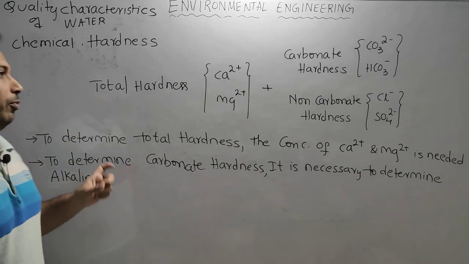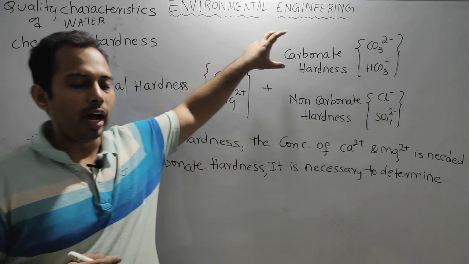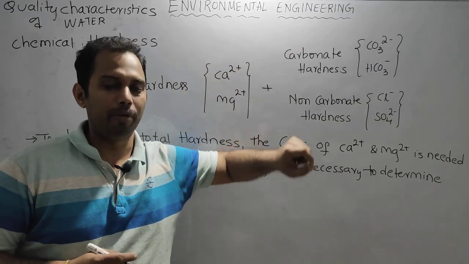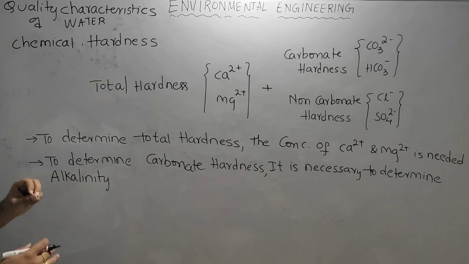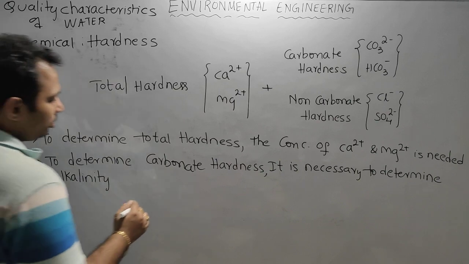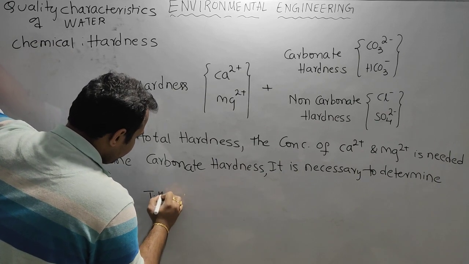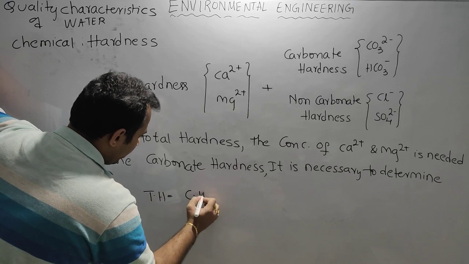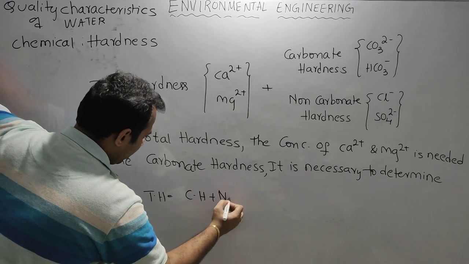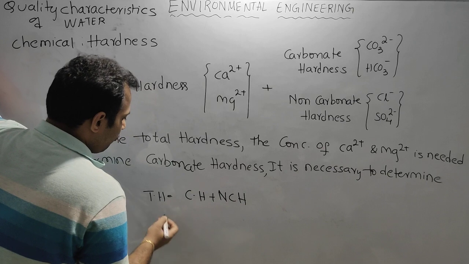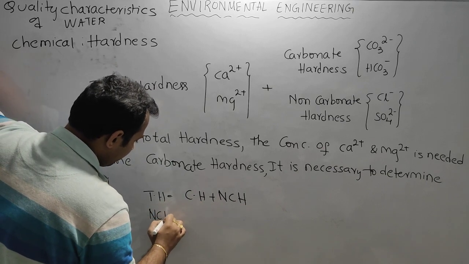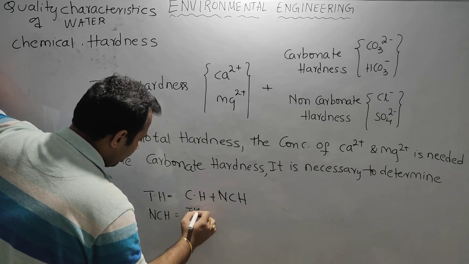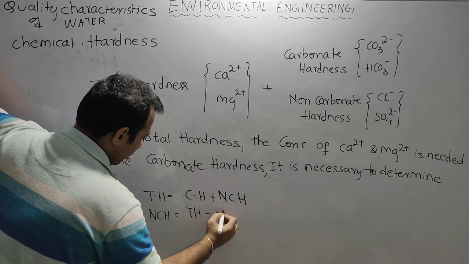So if you want to determine this carbonate hardness, we need to determine the alkalinity. Once we know the carbonate hardness, okay, that means total hardness is equal to carbonate hardness plus non-carbonate hardness. If we know the carbonate hardness, that means non-carbonate hardness is equal to total hardness minus carbonate hardness.